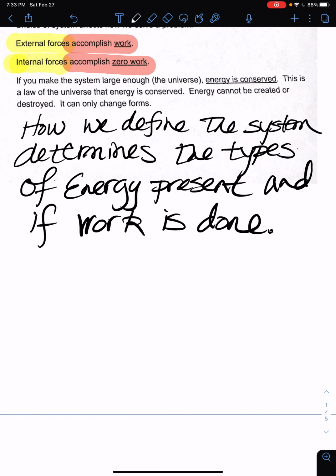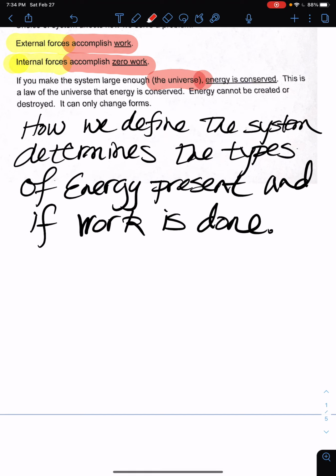Why this matters about how large we define the system is because if we make the system large enough, if the system is the universe, and no work is done inside of a system, all internal forces accomplish zero work. So if the system is infinitely large, then there's no work being done, then there's no change in energy.